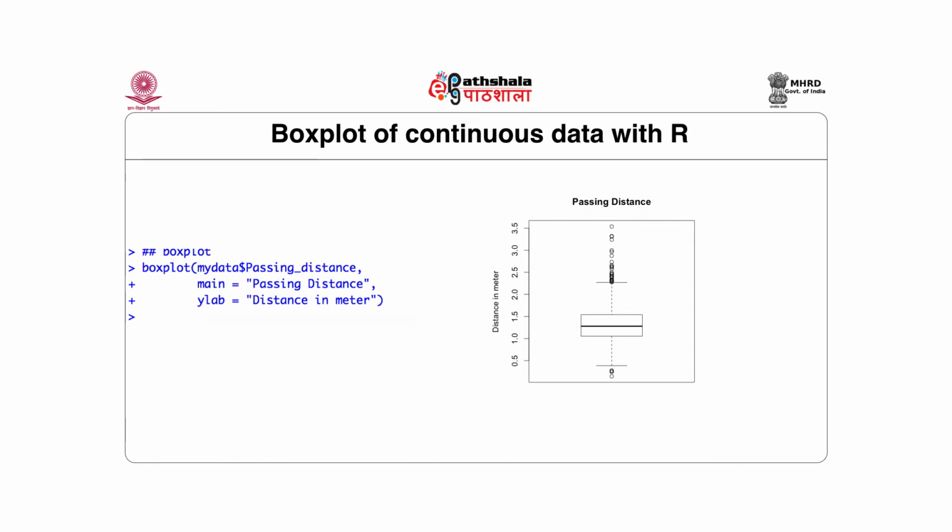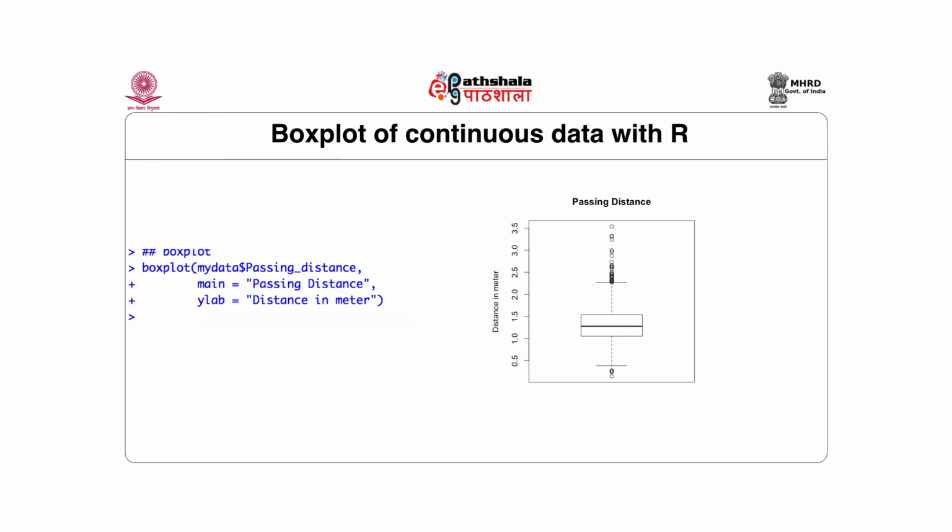You can see that there are some outliers beyond that range, and there's only one value below the lowest limit that the R program calculates. So a boxplot is a very good and quick way to visually summarize a single variable. Sometimes you can have it for more than one variable, but here we've only shown it for one particular variable.